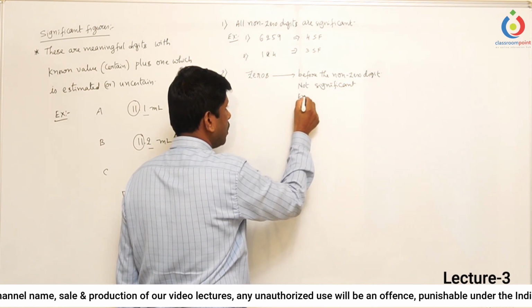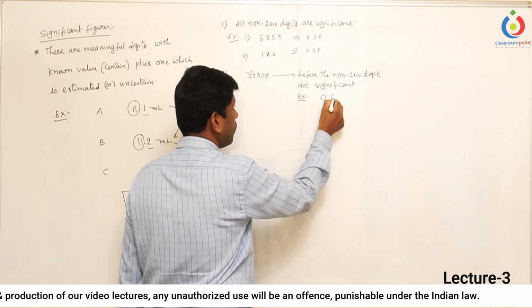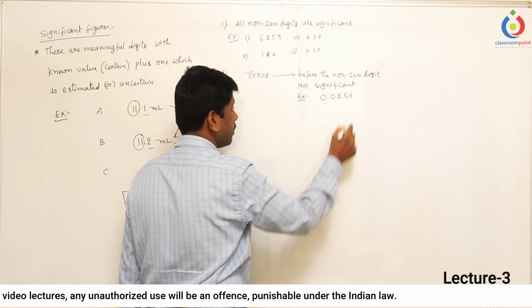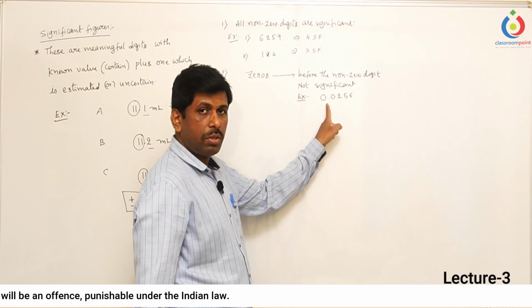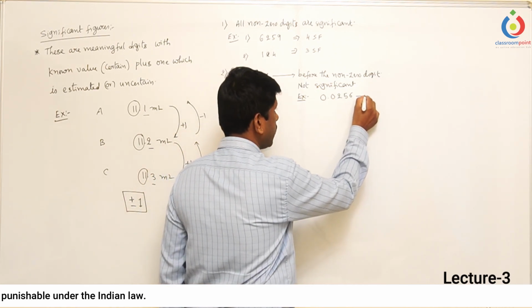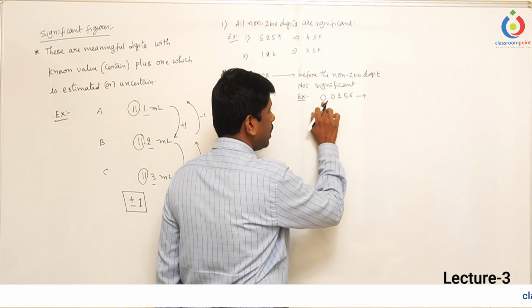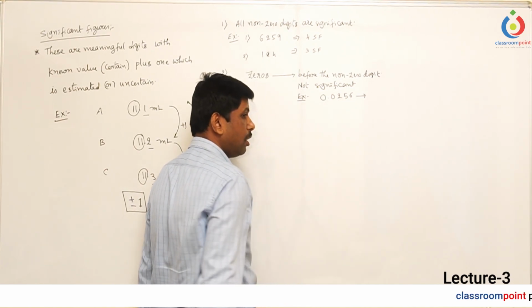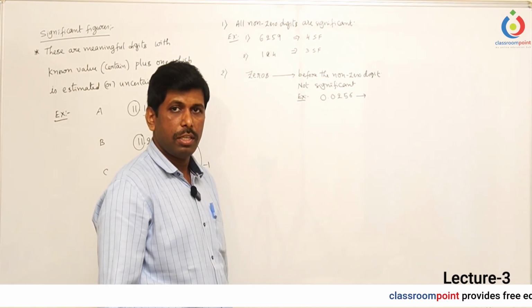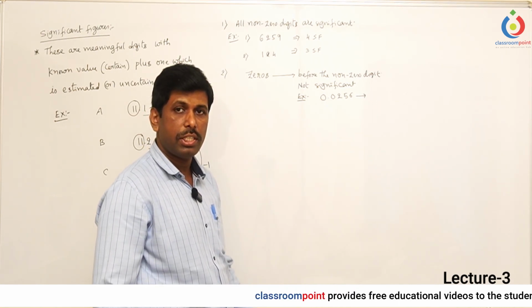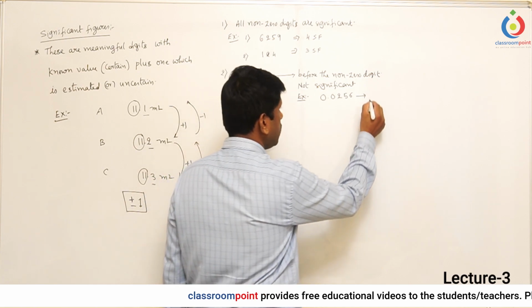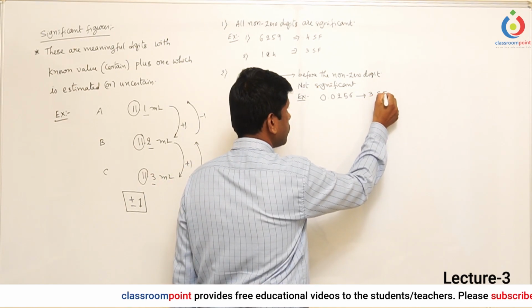Let us take an example. Imagine 0.0256 is there. Here zeros are present before the non-zero digit, hence they are not significant. So we should not consider these. We have to consider only 2, 5, 6 as the significant figures. Then what is the use of these zeros? They only show the decimal position. So here 3 significant figures are present.